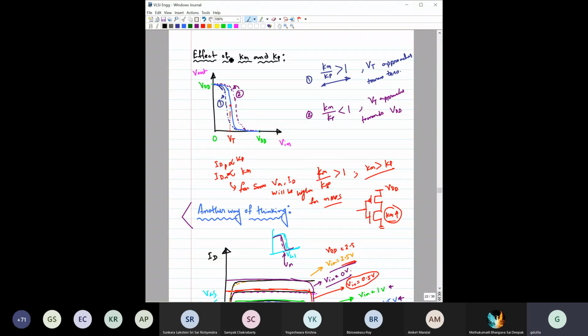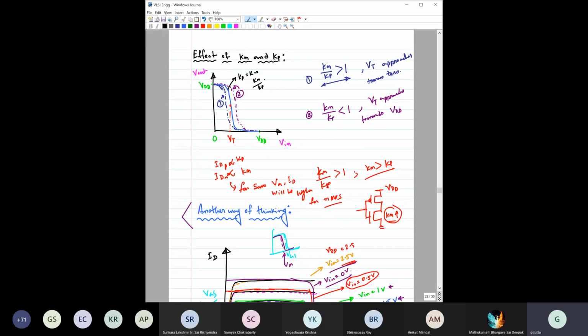So, this effect of Kp and Kn: we have also seen that this is the VTC for Kn by Kp equal to 1, because everywhere we are writing it as Kn by Kp.